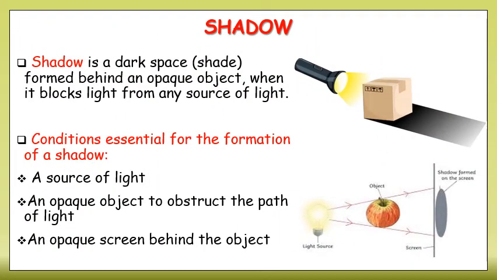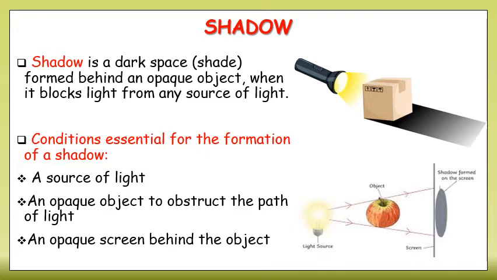Now we will study about shadow. So what is a shadow and how is it formed? Students, a shadow is a dark space formed behind an opaque object when it blocks light from any source of light.